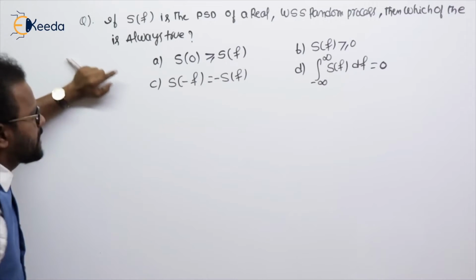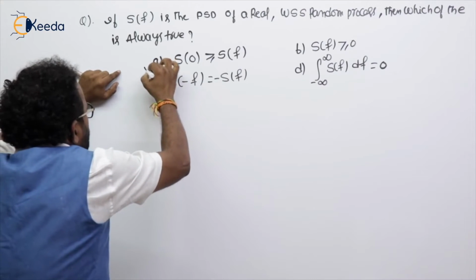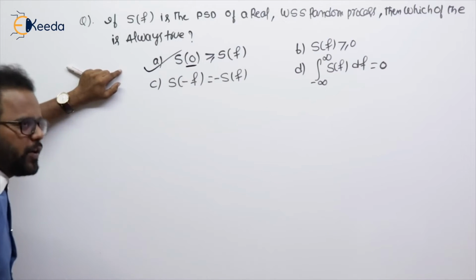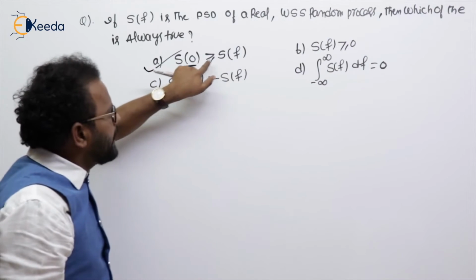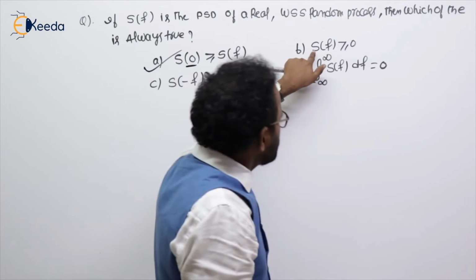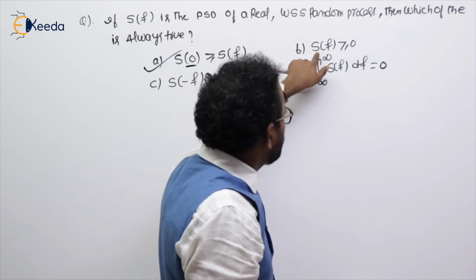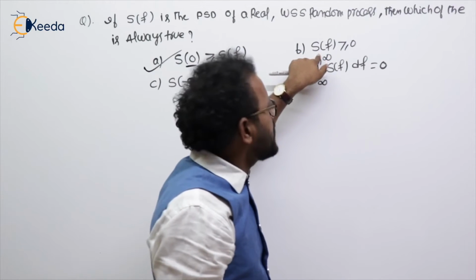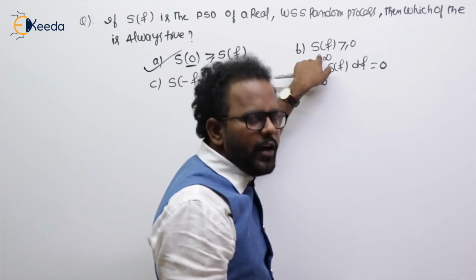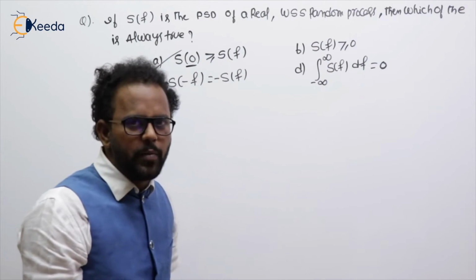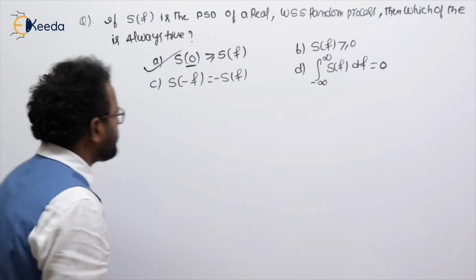We already know that S of 0, at tau equal to 0 or f equal to 0, is greater than the rest of values. And I cannot say that S of f is always greater than or equal to 0, because the power value we are squaring may or may not be negative.